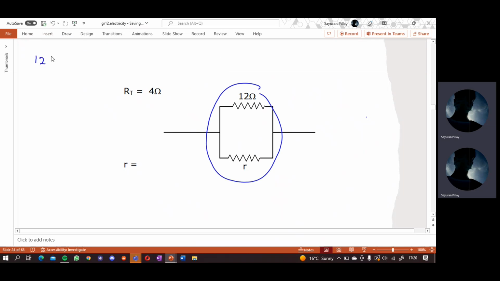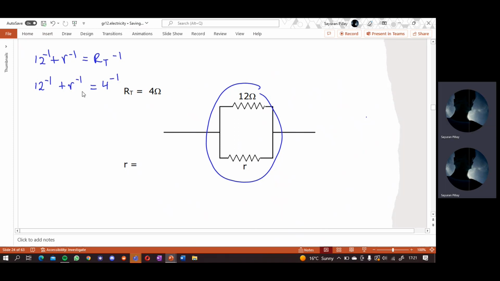So 12 inverse plus R inverse, all inverted, equals RT. Okay, and we're solving for this R here. So RT is 4. Let's do that. So 12 inverse plus R inverse equals 4 inverse.